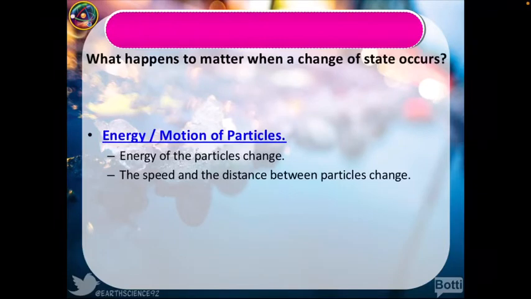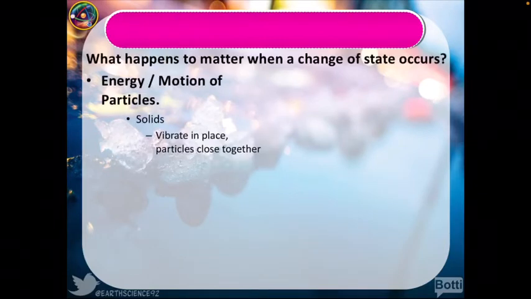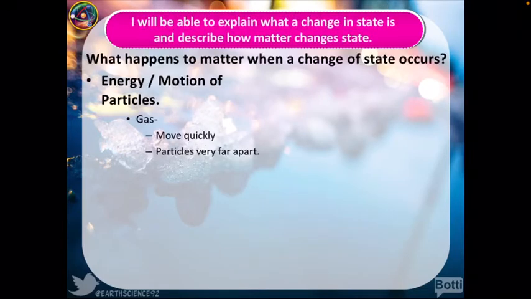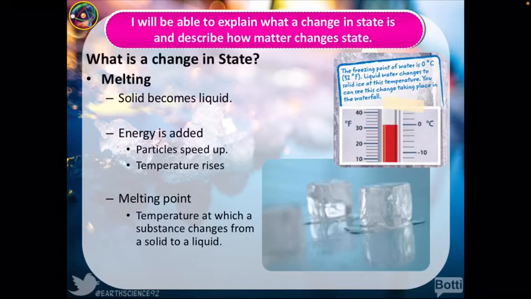Now, let us see what will happen when the solid state moves to the liquid state. Melting is nothing but, as I told you, when we have an ice cube with us, its solid becomes liquid. So energy is added here. That is, your solid is given heat by the temperature.